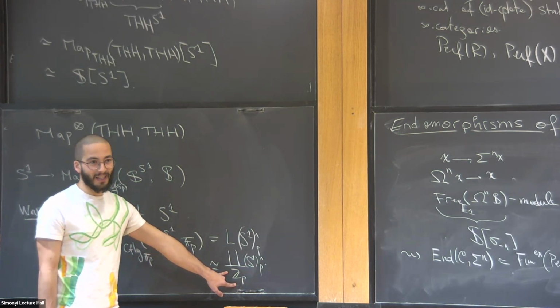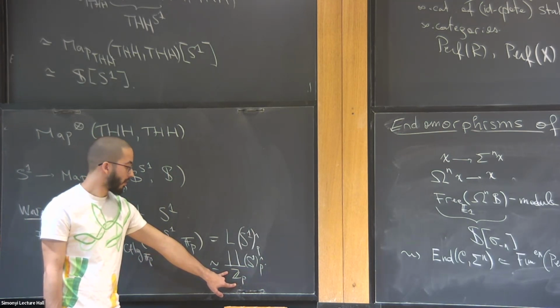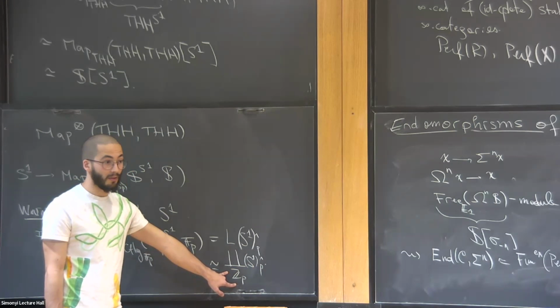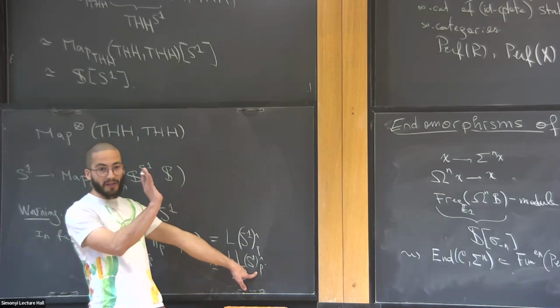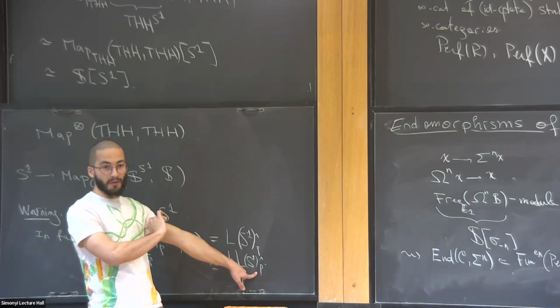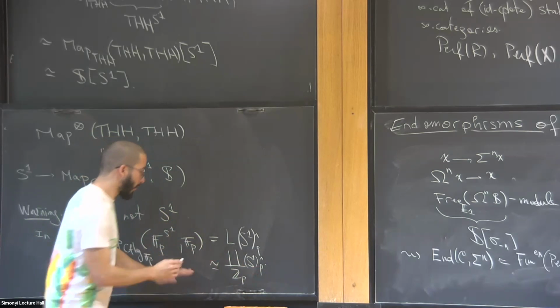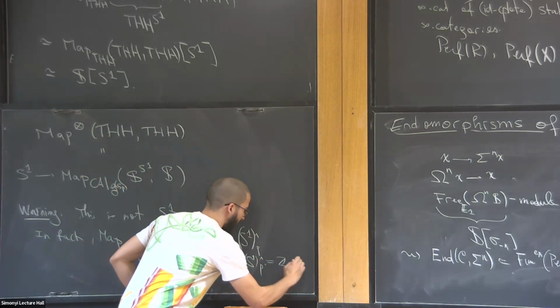Depends on your model of set theory. No, but how can you get it naturally? The pi_0 is Z_p. The higher pi, the pi_1 is also Z_p at every point, and then there are no higher pi's. I could rewrite this again if you want as Z_p times S1_p.